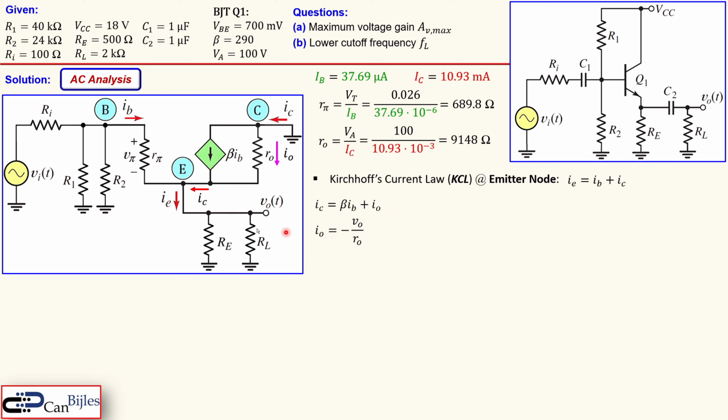And IO itself, if you look at it carefully, because that's VO, which is at this node, and the voltage across RO is actually minus VO, looking at the direction of the current, because that's going from ground to this node, and we measure from this node to ground, so we measure opposite. You see here minus VO over RO. Now if I take this together and make an expression for the collector current, we see here beta times IB minus VO over RO. Now let's substitute this part in here, and you see here IB plus beta times IB.